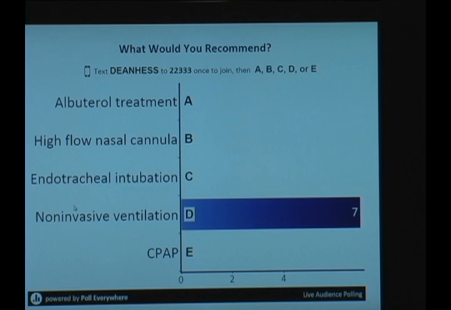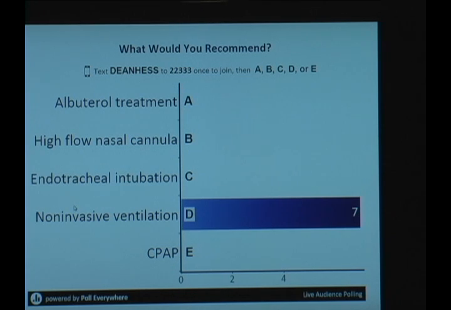As I'm sure you all know, today we have abundant evidence for the use of non-invasive ventilation for COPD exacerbation. With the use of non-invasive ventilation in this patient population, we avoid intubations, and it also affords a survival benefit for patients.